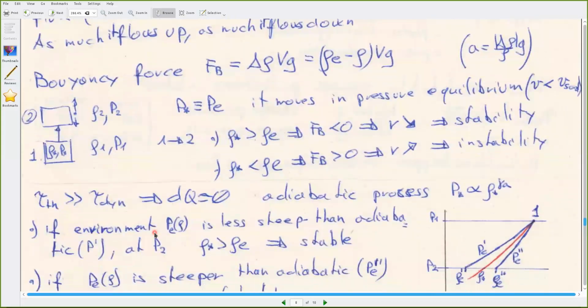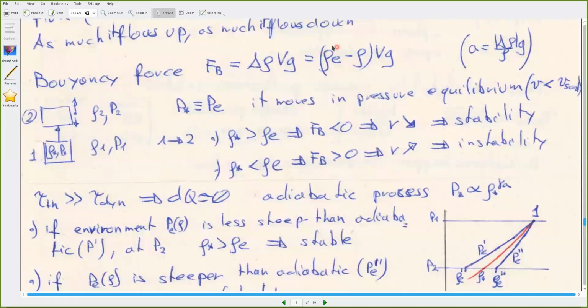Everything is about essentially the buoyancy force, as well known in classical physics class. The buoyancy force is given by the difference in density multiplied by the volume of the object we are considering, and the gravity acceleration.